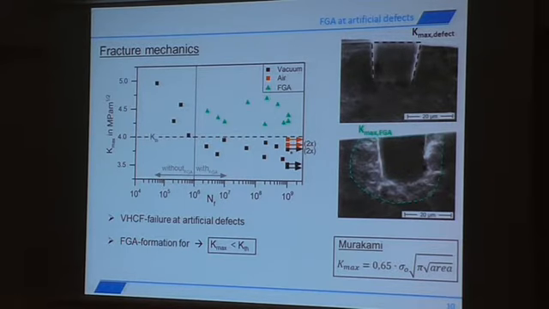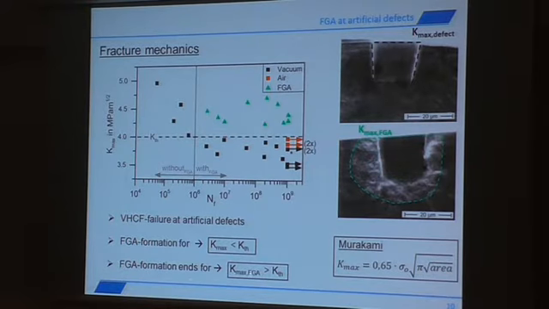If we now evaluate all the FGAs we observed, with the stress intensity factor at the border, you can see that it just overruns our threshold value for long crack propagation, just like for inclusions, and then initiates a crack in the fisheye. I also have to mention that for surface defects, we take the equation Murakami provided. So it's just the same for the artificial defects.